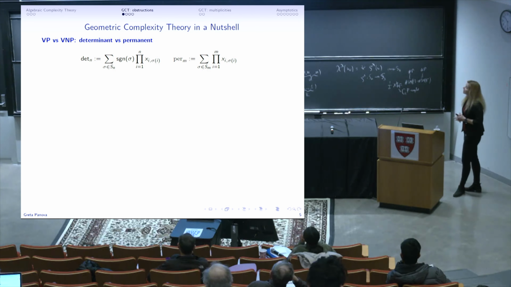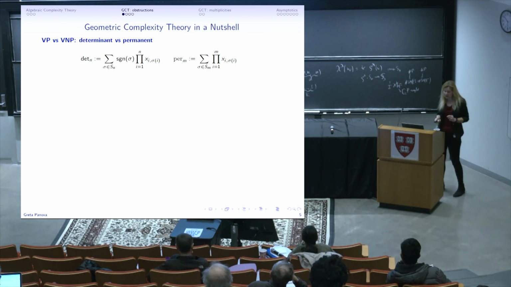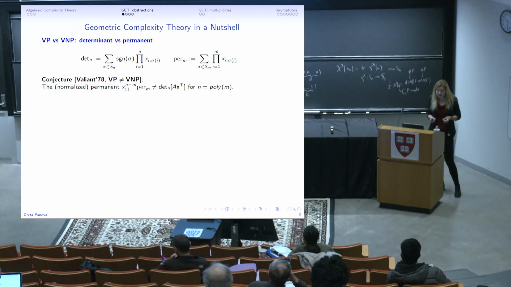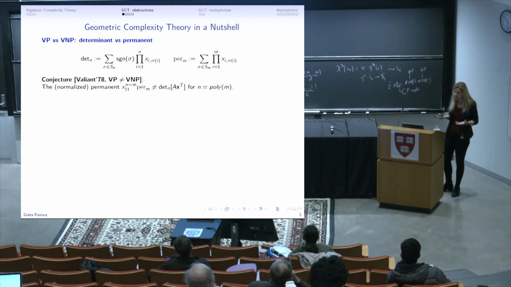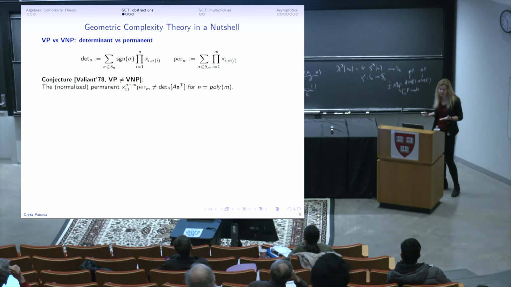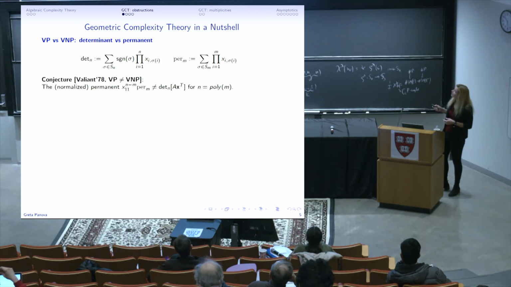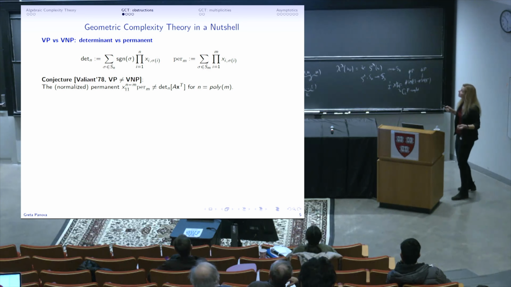So here are, again, the determinant and the permanent, and what we are trying to show is that the permanent cannot be written as a determinant with entries that are affine linear forms for any n of polynomial size. When I said affine linear forms, there is also a constant term, so we are going to get rid of it by normalizing. We make them of the same degree.